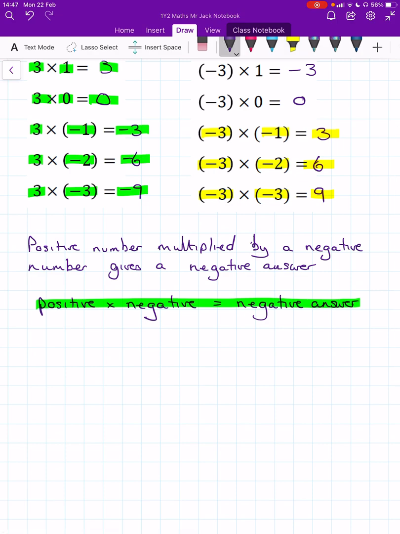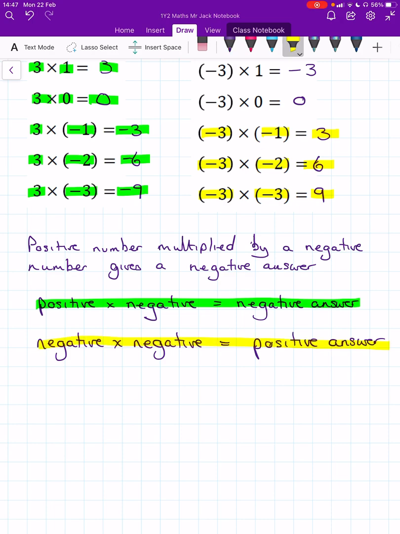So I'm going to shorthand this one and I'm going to say we're going to have a negative multiplied by a negative number is going to give you a positive answer. Okay, so a negative multiplied by a negative is going to give you a positive answer.